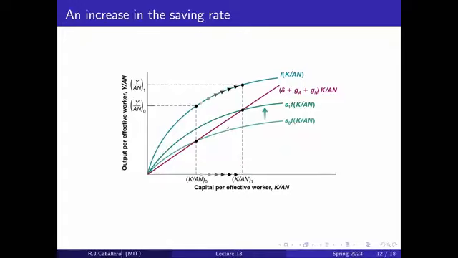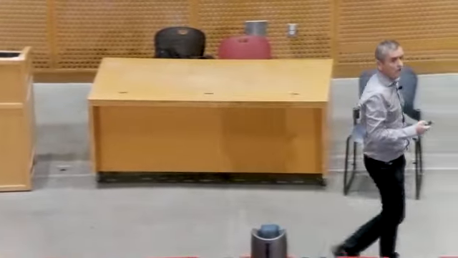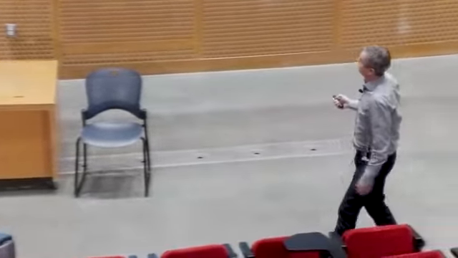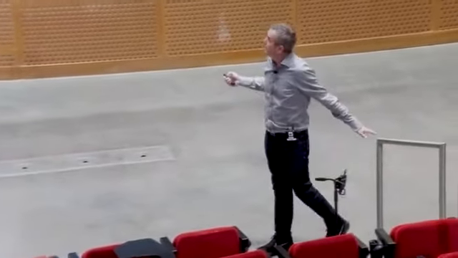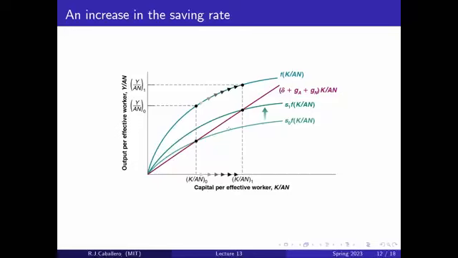So what happens? Remember, in the basic model, we did an experiment in which we increased the saving rate. So we can do the same here. What happens if we get an increase in the saving rate? Do we get more growth in the long run? And the answer is, for the same reasons we had before, no. If we increase the saving rate in this full model, all that happens is that this green line moves up.